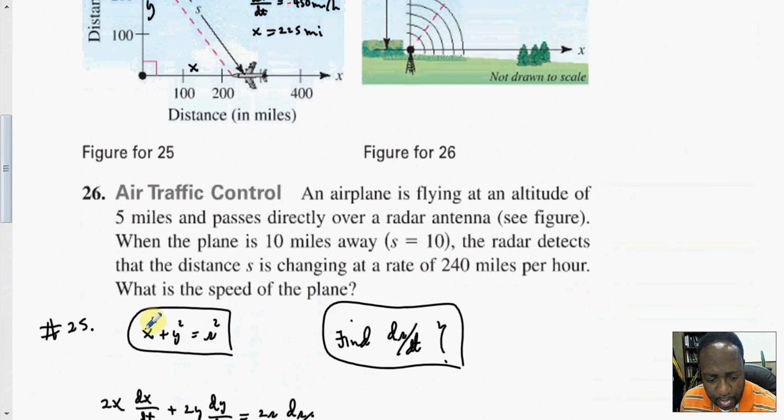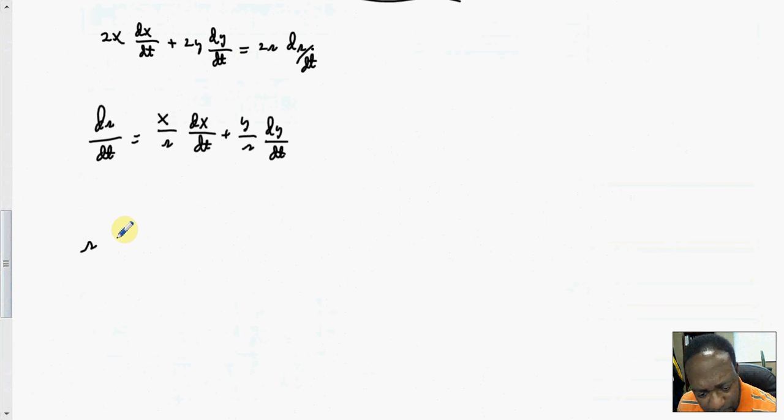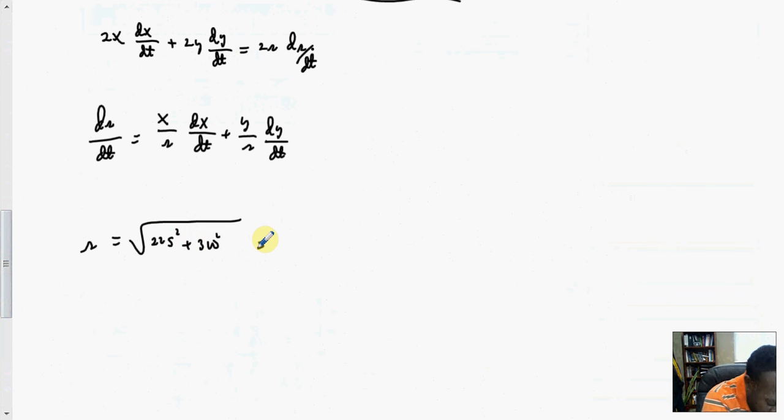You know that x is equal to 225 and y is equal to 300. So s is equal to the square root of 225 squared plus 300 squared. And that gives us a value for s as 375.